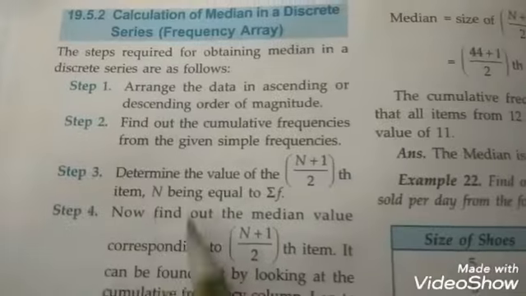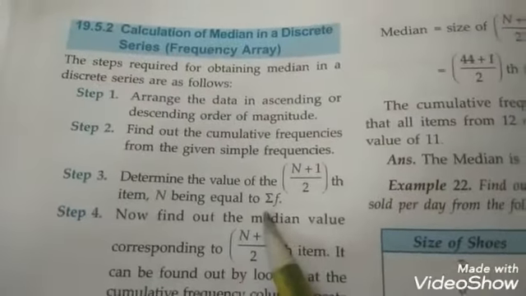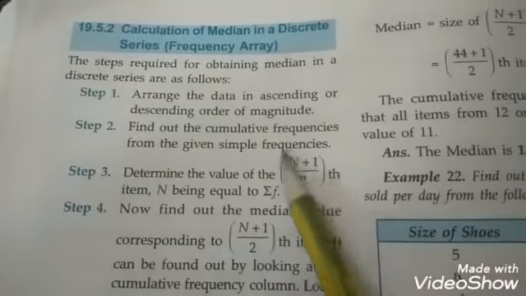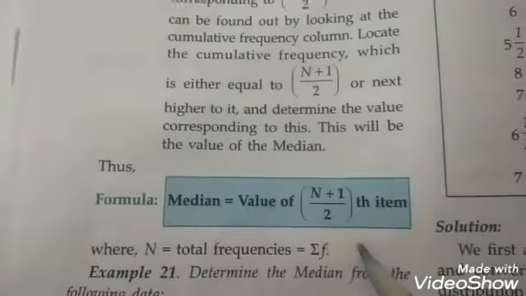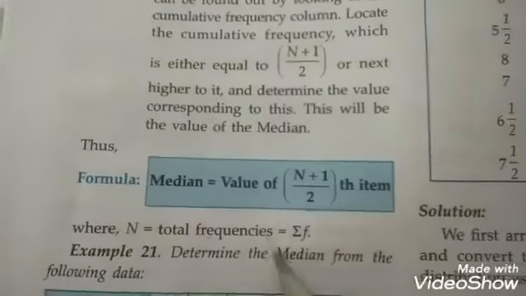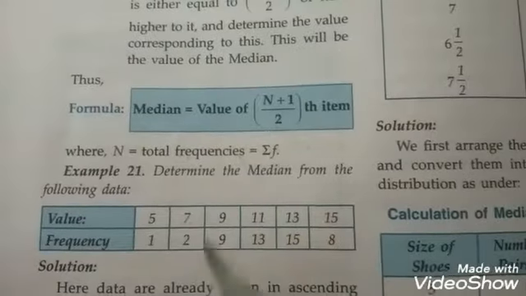For calculating, n basically becomes equal to summation f. That is, we are going to do a total of the frequency column and then we are going to get the value of n. So we will see how, using the same formula, n is equal to the total of frequencies or summation f. So this is our example 21 of discrete series.